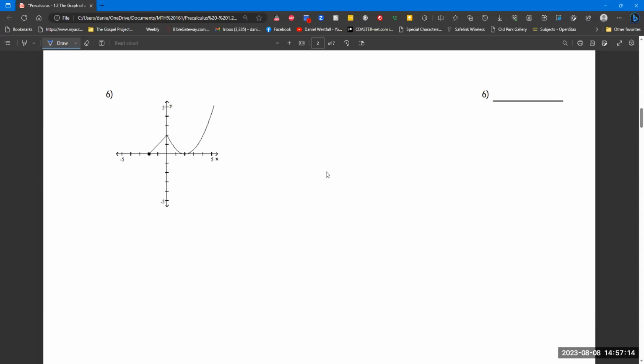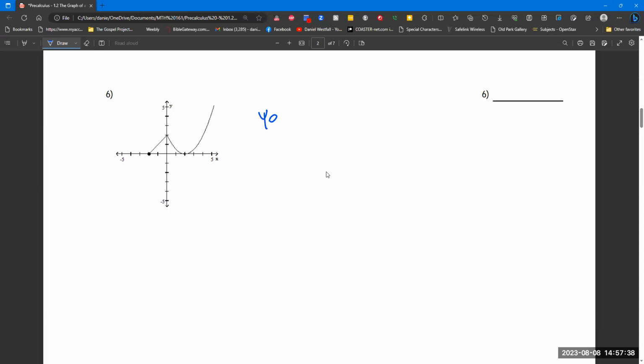This is a piecewise defined function. We'll talk about them a little bit more later. But we can see that the graph does two different things, that it's got a linear piece and then a quadratic piece that are connected together. It passes the vertical line test. Every vertical line that goes through from left to right is going to touch the graph only one time.